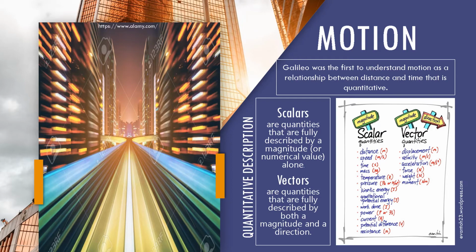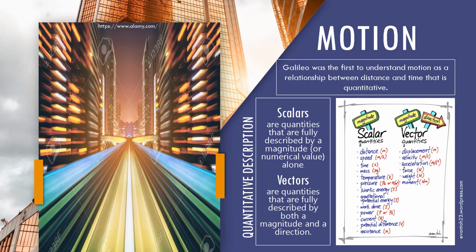So ang similarity po ng scalar and vector is they have a magnitude. So when we say magnitude, this is the numerical value. And ang difference naman nila, si scalar, it has no direction. It does not show direction. While si vector naman, it shows direction.